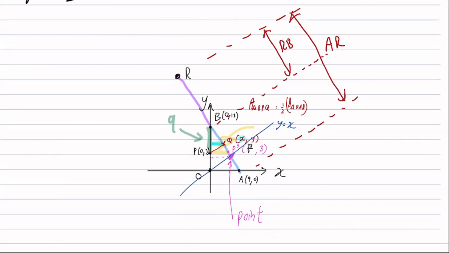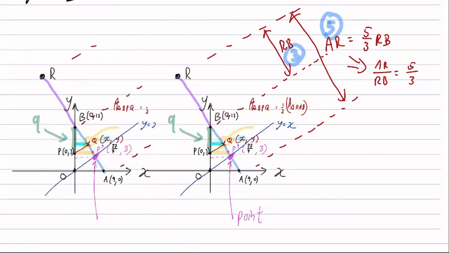5/3 means what? If I rewrite it as a fraction, AR over RB, what's the ratio? 5:3. So I'll put down a 5 here, 3 here. Now we filter out the relevant information. It's really just point A, point B, and this point.